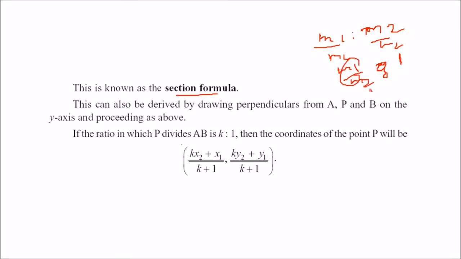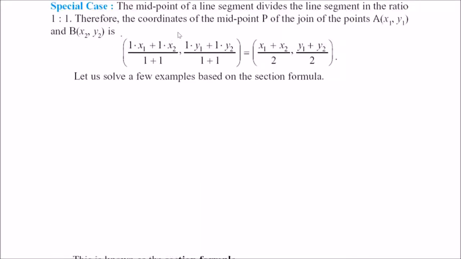M1 by M2 can be taken as k. So k is to 1. So this ratio also you can take. M1 by M2 is again a constant, you can take it as k. So k is to 1 gives kx2 plus x1 by k plus 1 and ky2 plus y1 by k plus 1.